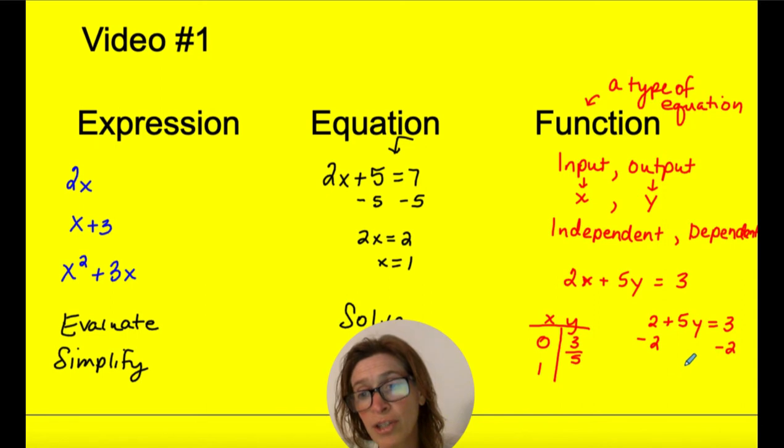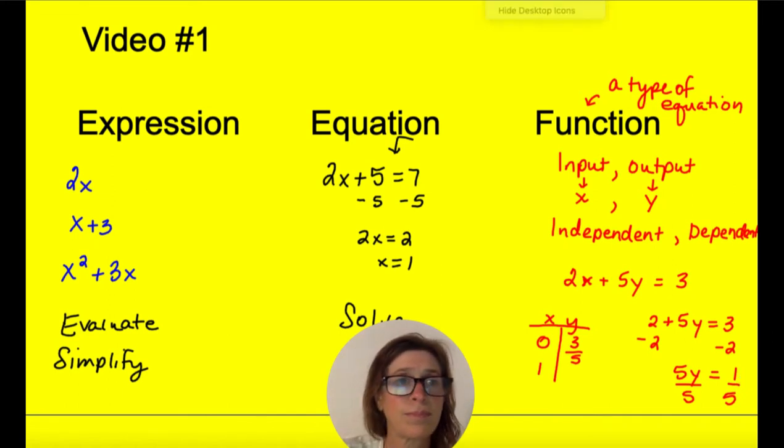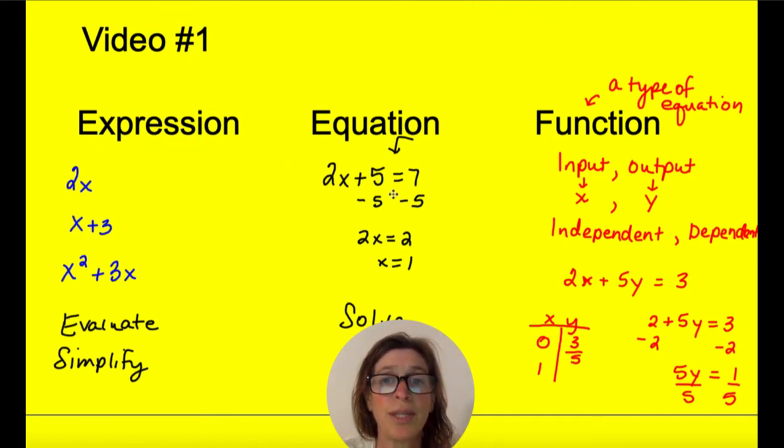I'd subtract 2 and I get that y is equal to 1/5. All right, so recognizing the difference between these three major ideas in math is going to be really important.